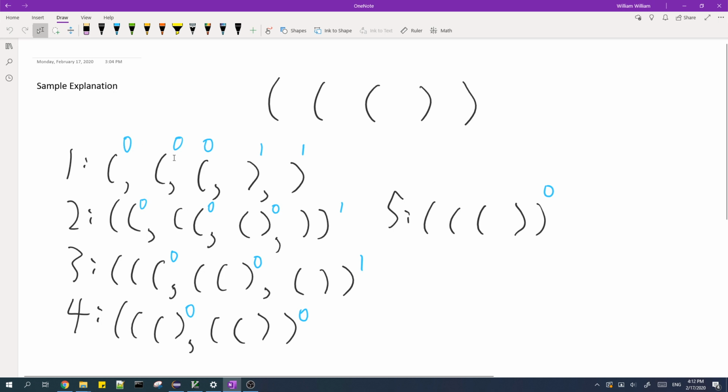After we calculate the answer for each of these substrings, we add them together. The sum of all the answers here is 4. Then we divide it by the total number of cases in order to get an average. In this case, we have 15 subarrays, so the answer would be 4 divided by 15.